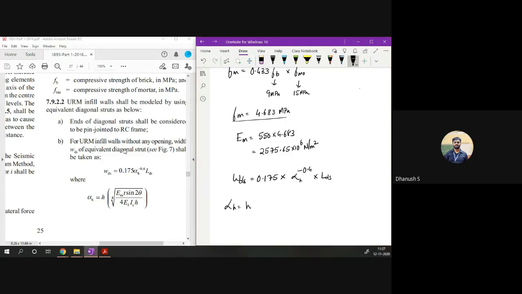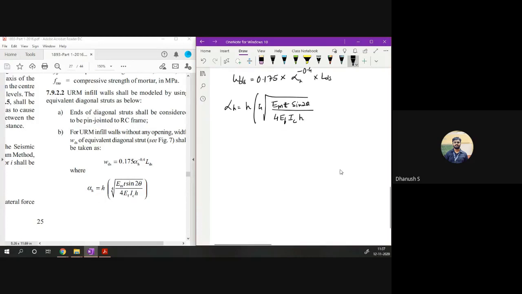Alpha is given by h into the 4th root of EM, thickness of the masonry, sine 2 theta, divided by 4 into the Young's modulus of the frame material, the moment of inertia of the column, into height.